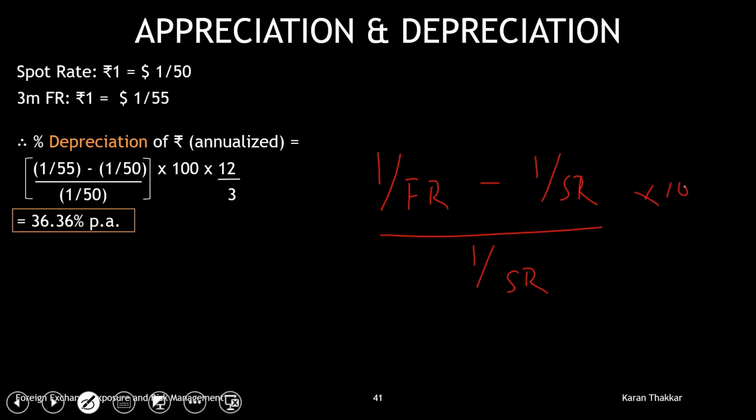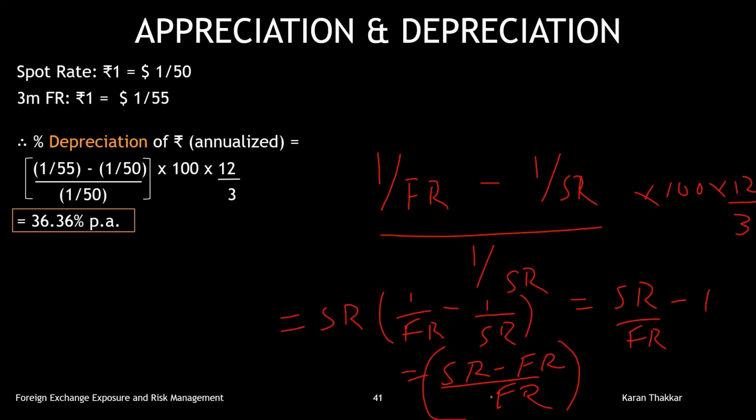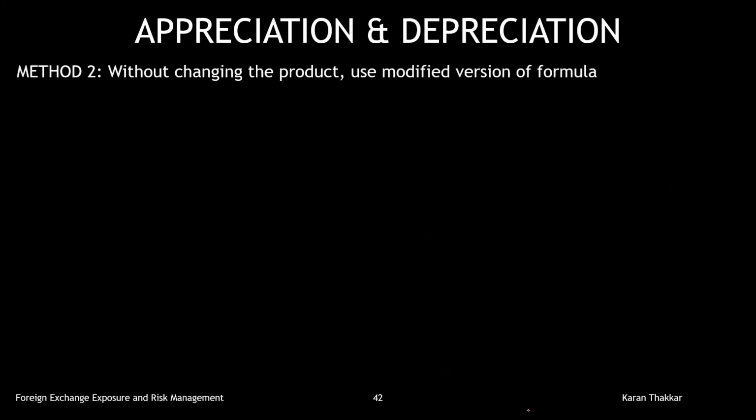I'll leave into 100 into 12 by 3 as it is, because it would remain the same afterwards as well. So this becomes spot rate into 1 by FR minus 1 by SR, which is SR by FR minus 1. And this was what we were basically using as well. So forward rate becomes the denominator in this case.